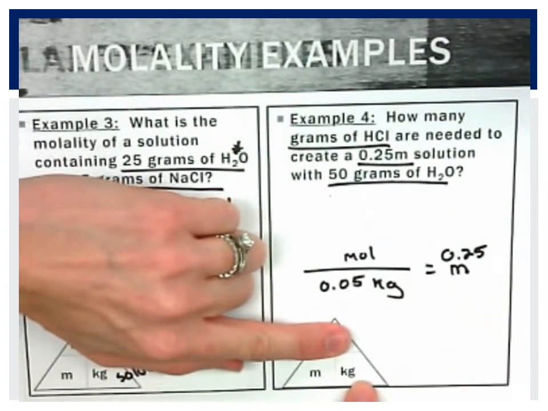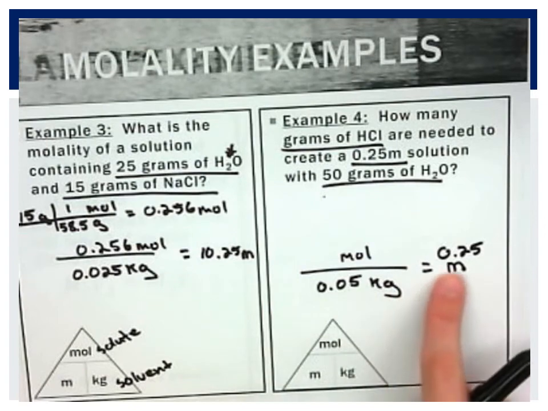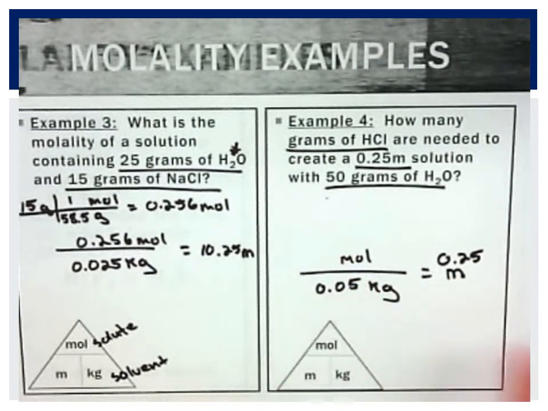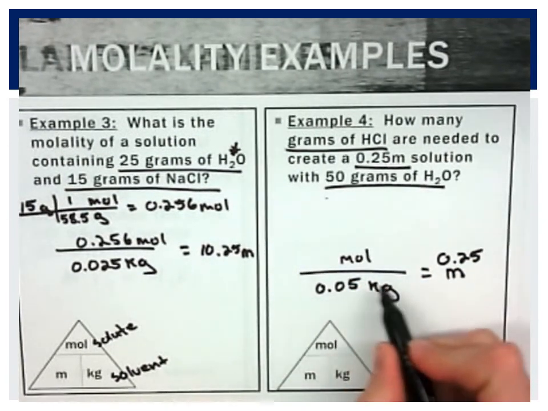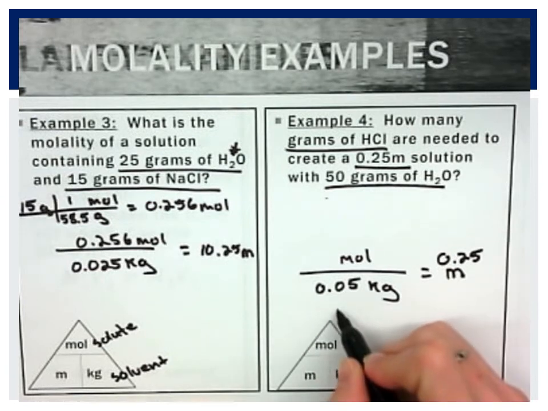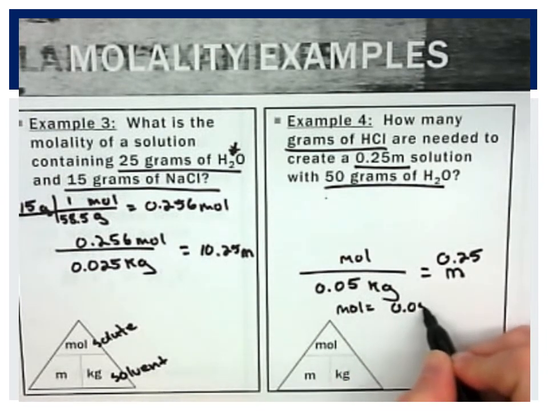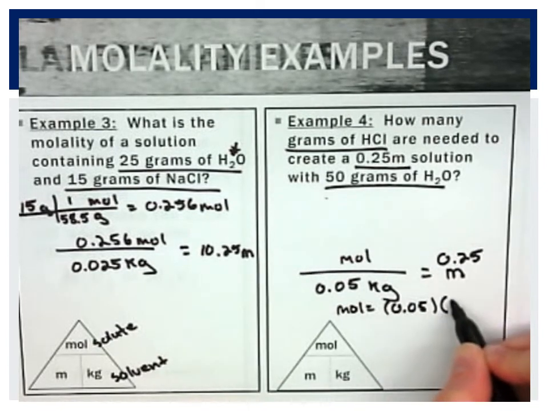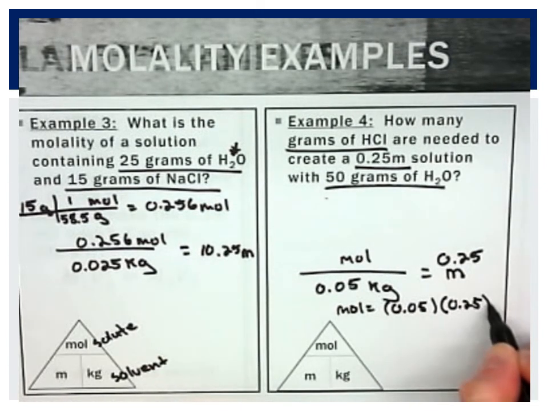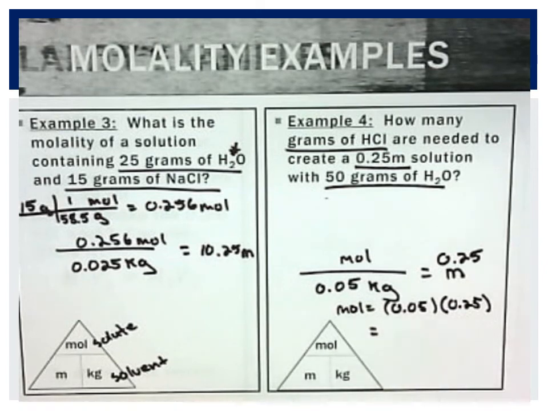molality times kilogram, which algebraically is what I would do here to get how many moles. I would get moles equals 0.05 times 0.25. Okay.